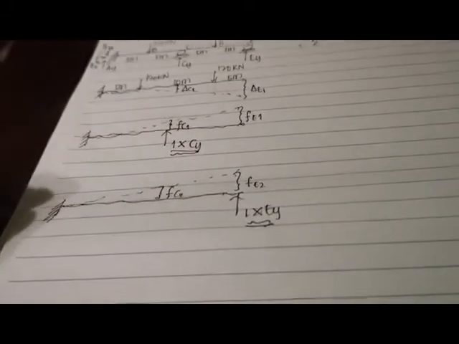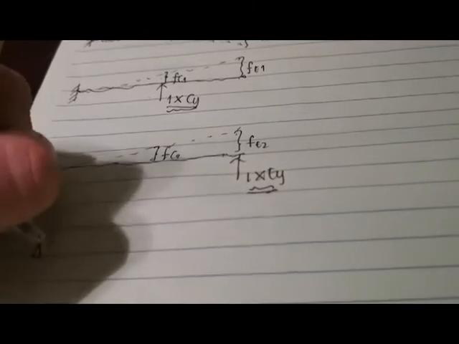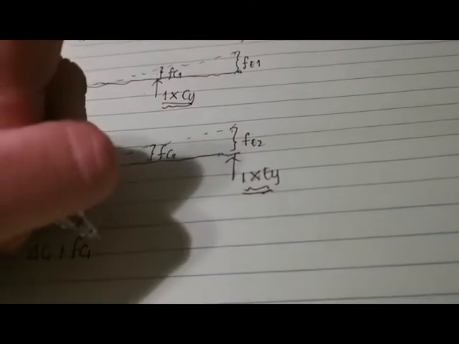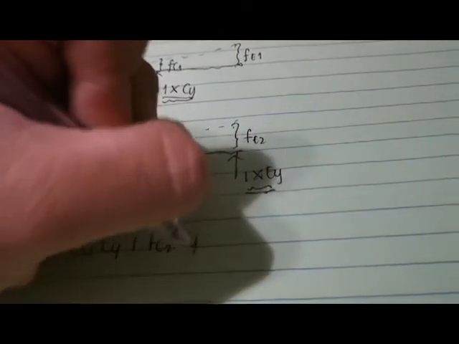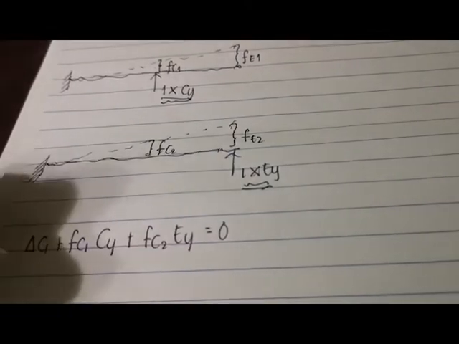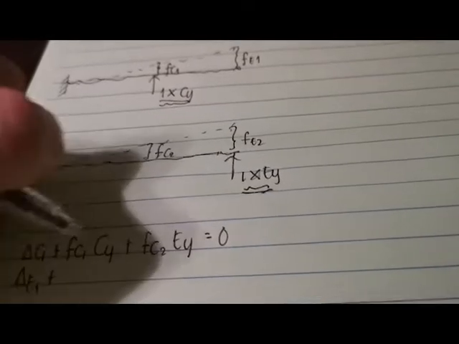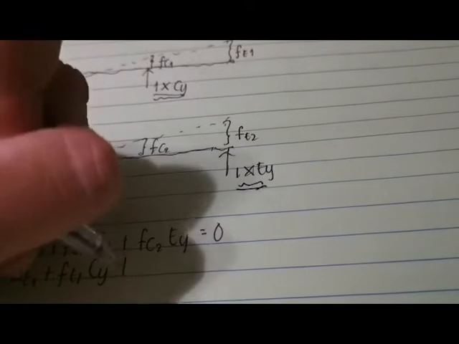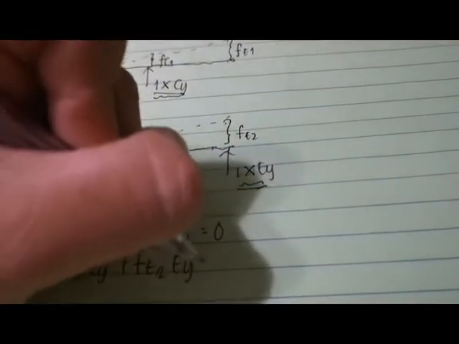So therefore, your working equation now will be delta C1 plus FC1 multiplied by CY plus FC2 multiplied by EY is equal to 0, and then delta E1 plus FE1 multiplied by CY plus FE2 multiplied by EY is equal to 0.